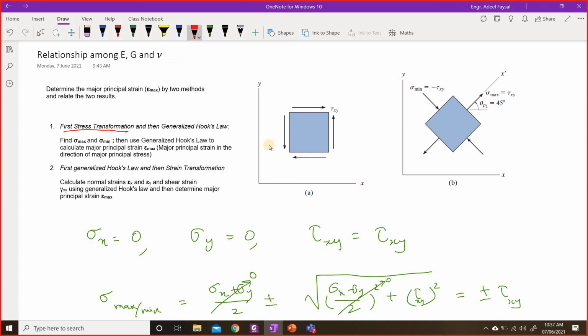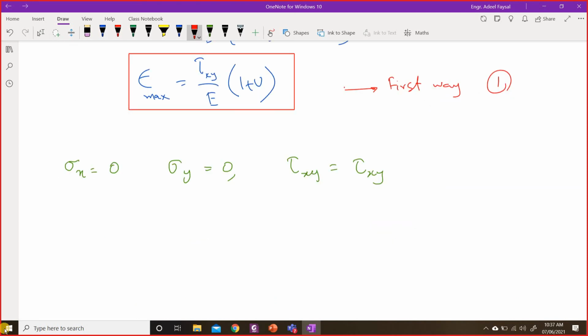So if we copy this information down, these are the stresses applied, and although not mentioned in the figure, we know that sigma z is 0. With this information we can calculate epsilon x and epsilon y by using generalized Hooke's law.